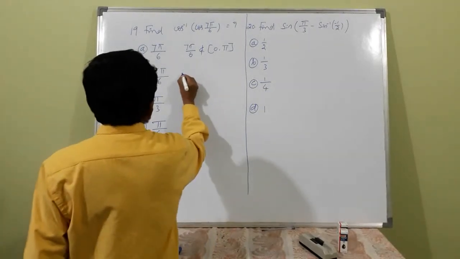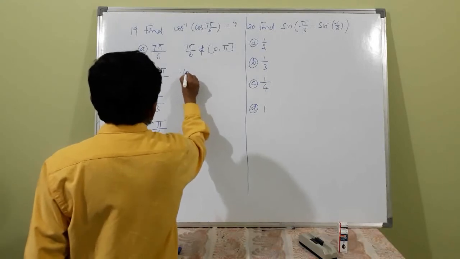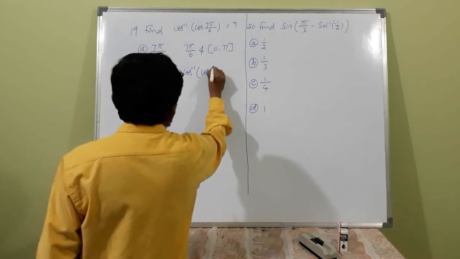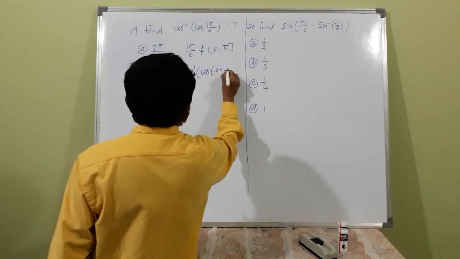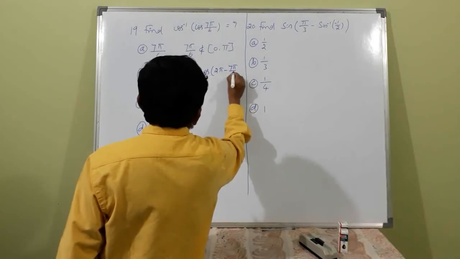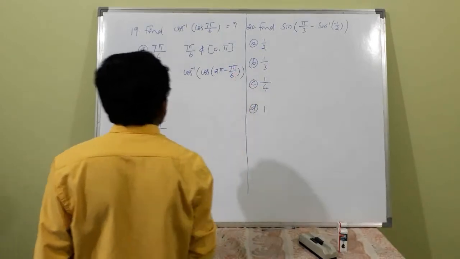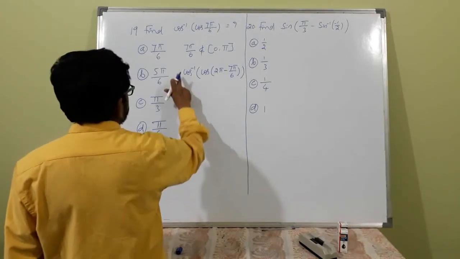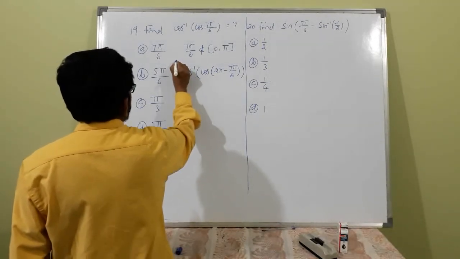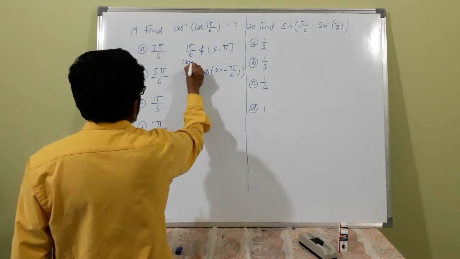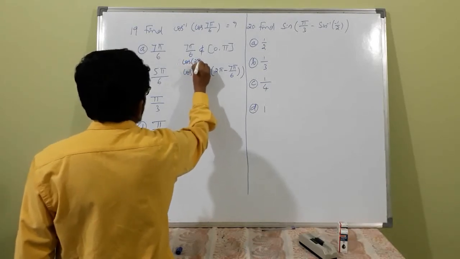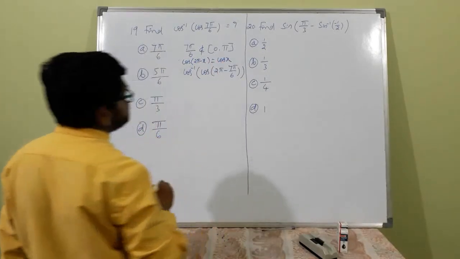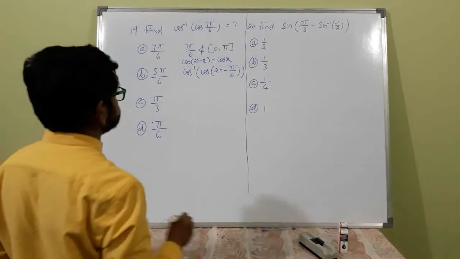Therefore, cos inverse of cos of 2 phi minus 7 phi by 6, since cos of 2 phi minus x is equal to cos x, in the fourth quadrant cos is positive.